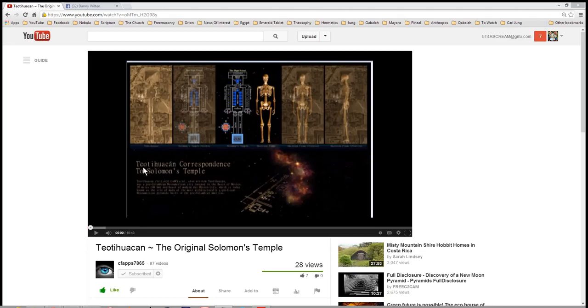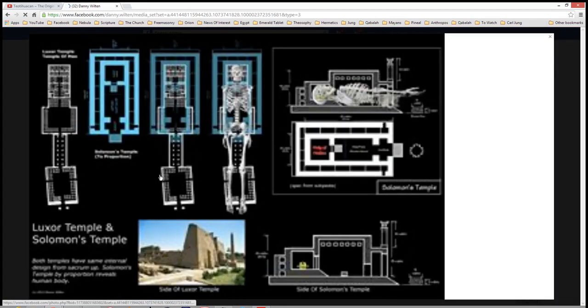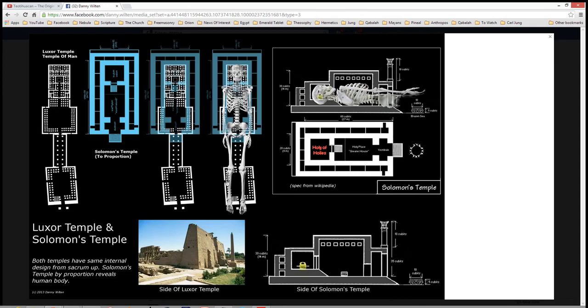We now have Egypt, showing the Solomon's Temple design that we see in comparison to the Temple of Luxor.